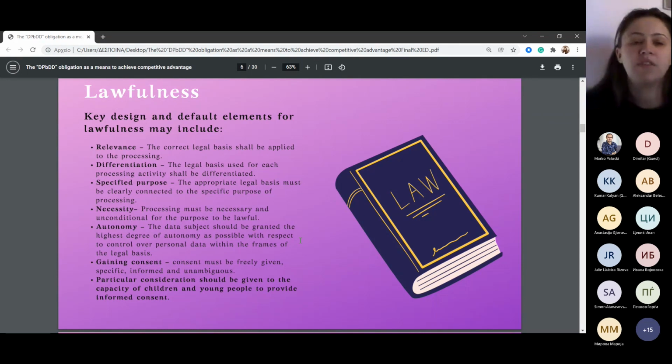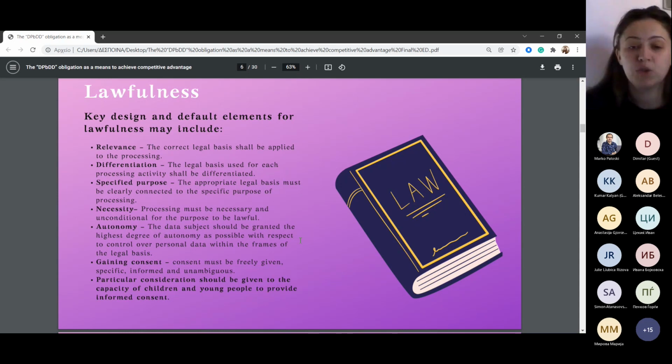We have autonomy. That means that the data subject should be granted the highest degree of autonomy possible with respect to control over personal data within the frames of the legal basis. And gaining consent must be freely given, specific, informed.